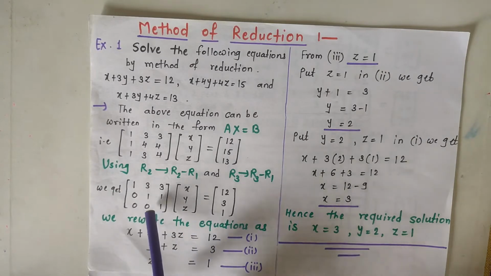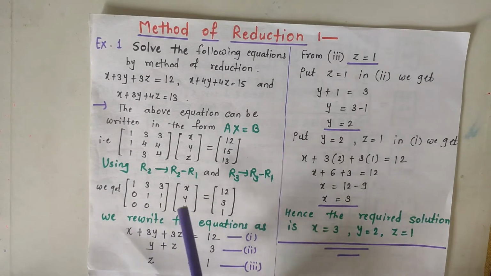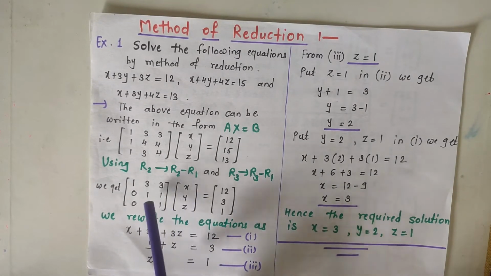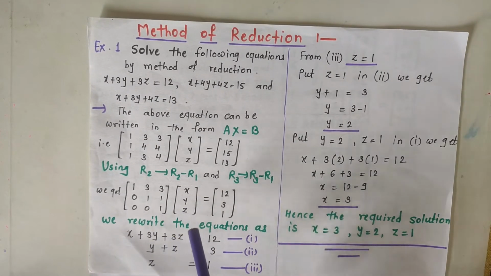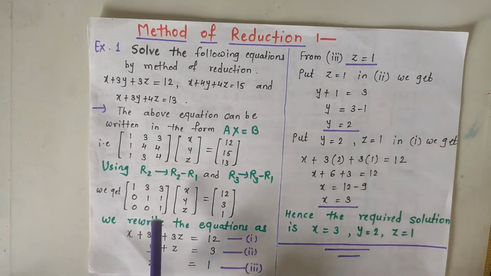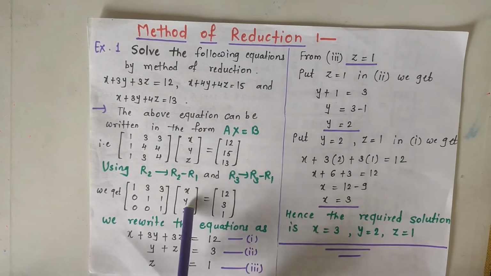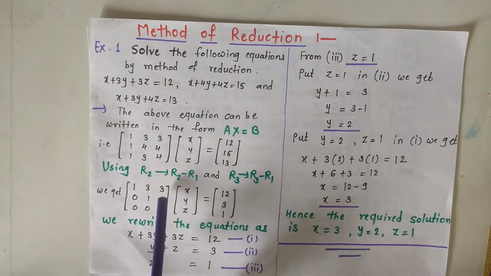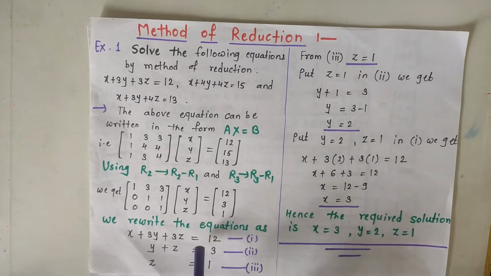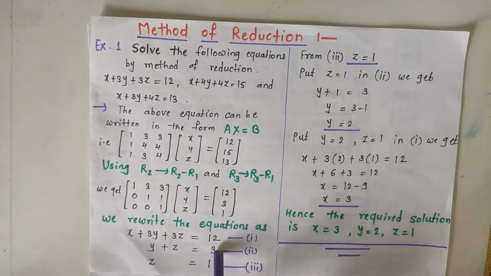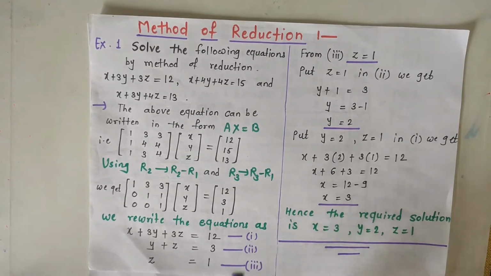Now the product of these two matrices can be written in equation form as 1 into x plus 3 into y plus 3 into z is equal to the first row element 12, called equation 1.